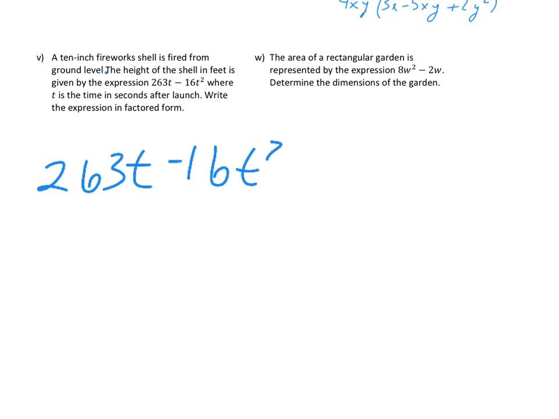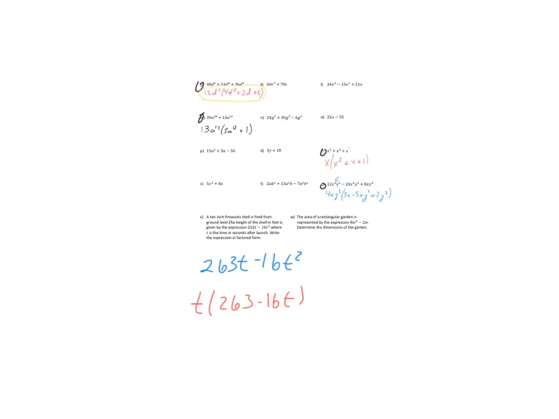So it sounds like in this case, there may not be a coefficient that these two monomials have in common. And that's fine. So all maybe I can pull out is a t. So t times 263 minus 16t, and we're done. Again, please finish the rest on your own. Good luck.